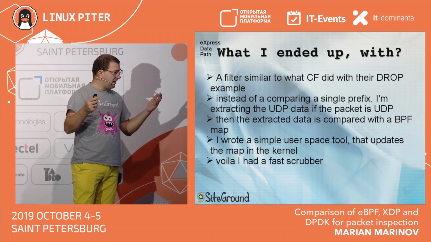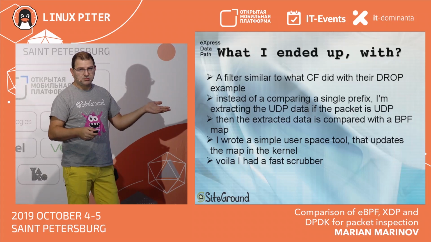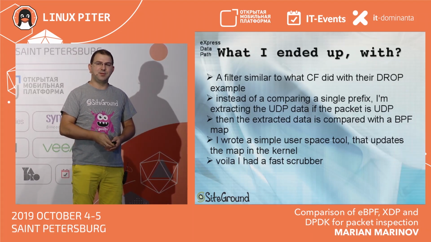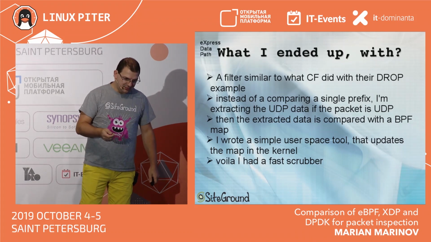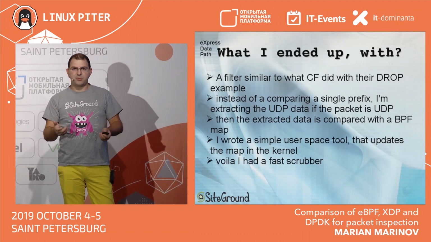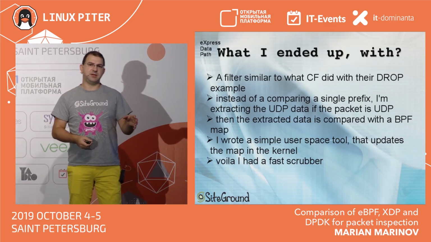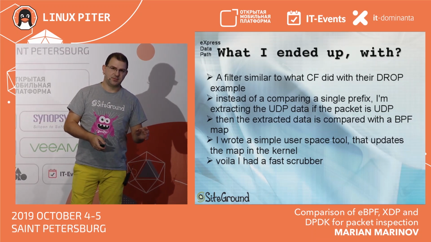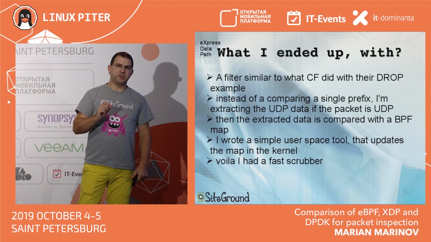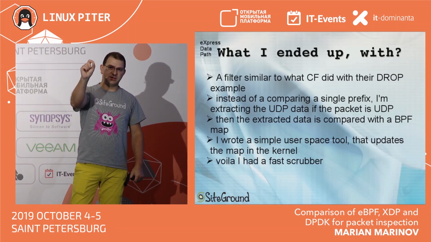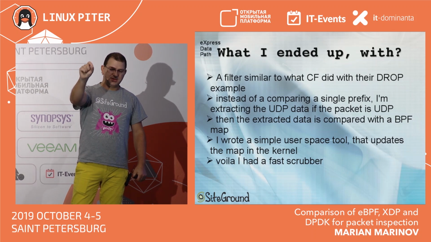So after I had the user space tool, I actually had a UDP filter, and this was all that I needed. So the setup for this VM is pretty simple. You have an IPv4 IP address that is under attack. You move this IPv4 address, you route it to the VM itself that is filtering your traffic.